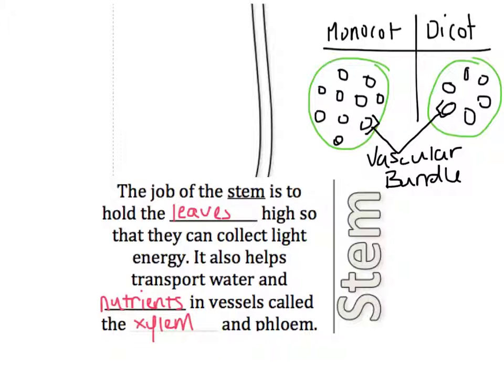Now, there's kind of a trick to remembering which portion is what. When we talk about the xylem, it's always the portion of the vascular bundle that's towards the center of the stem. So half of your dicot bundles, and I'm just going to color them in blue for now, the inner portion of that bundle is all xylem cells.